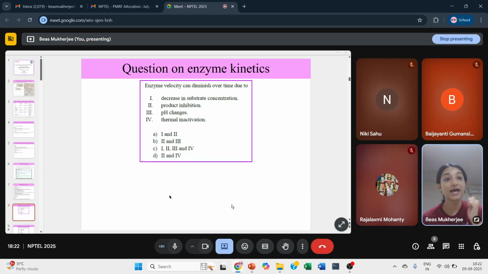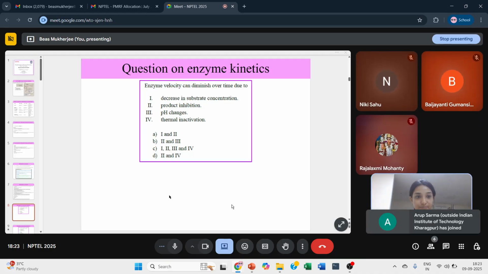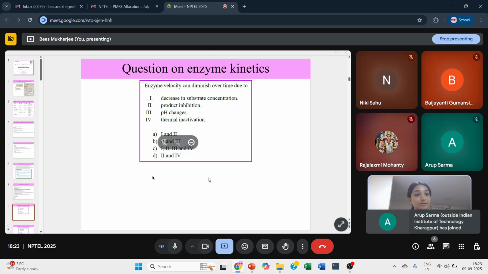In the last class we talked about thermal inactivation, that there is a specific optimal zone of temperature, and below that zone and above that zone the enzyme cannot function. Similar thing for pH. Product inhibition means too much of product has been formed and it is preventing the enzyme from making any more product. That's like a feedback mechanism, right? And decrease in substrate concentration.